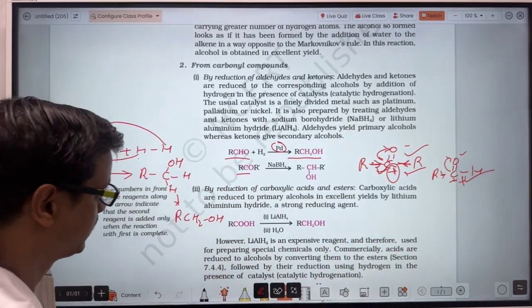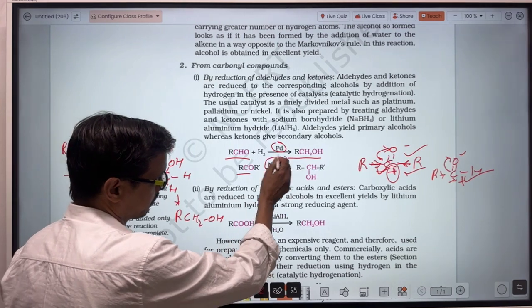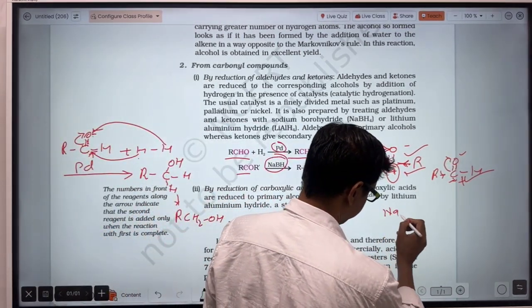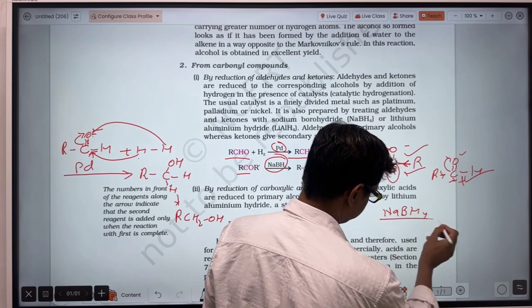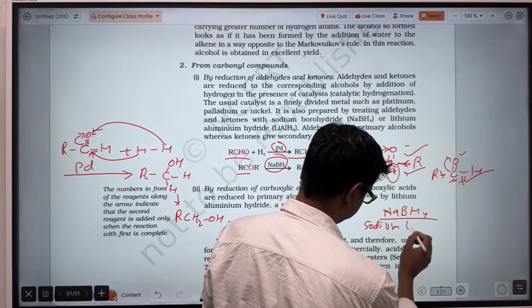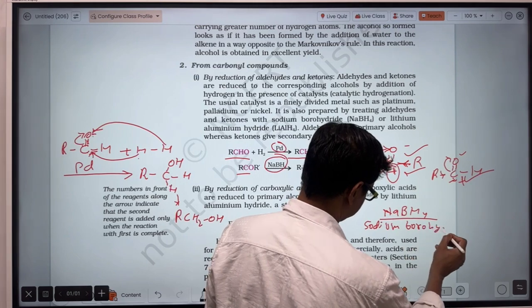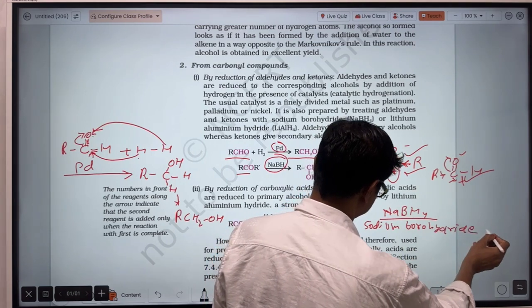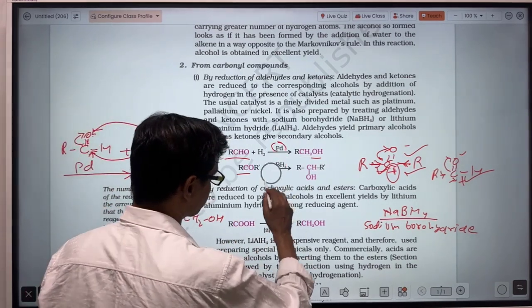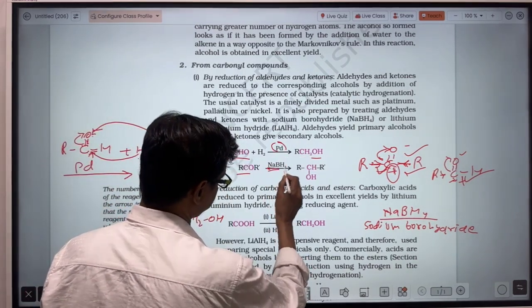So this compound forms. In ketone, what happens? NaBH4, called sodium borohydride, is a strong reducing agent. It provides nascent hydrogen.